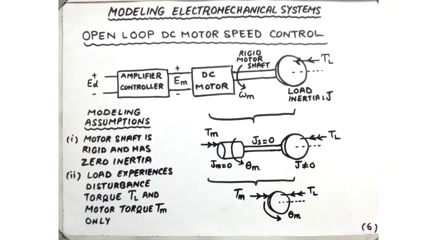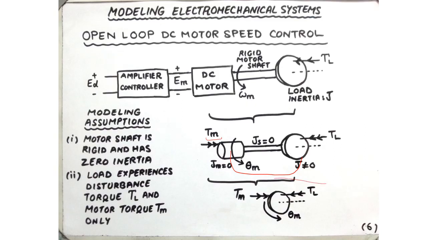Over here, we reiterate the fact that because the rotor and the load are coupled, whatever torque is applied to the rotor is being transferred to the load over here.